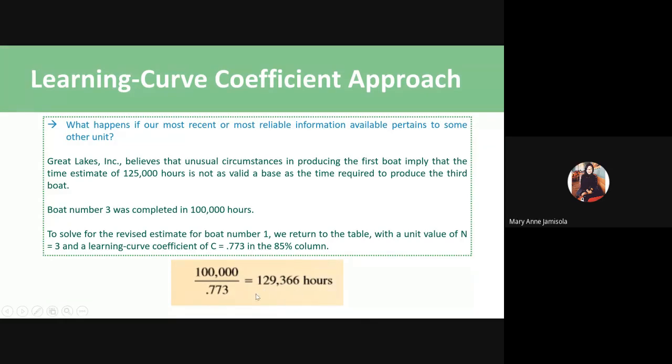So what does this mean? Since this is our revised base, if we were to compute boat number 4's number of hours, we will not use anymore 125,000 hours, the original hours, but rather the revised base of 129,366.